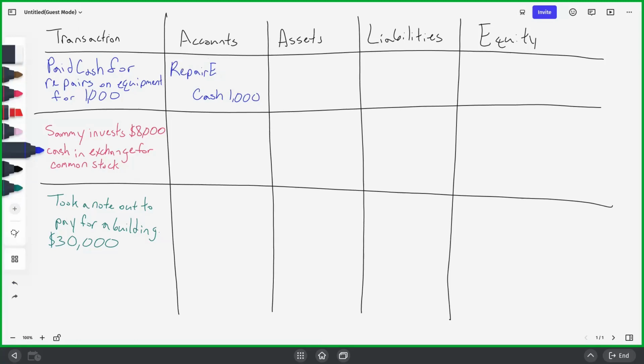Are they going to go up or down? What about our liabilities? Nothing. What about our equity? Exactly. So does that help make sense?